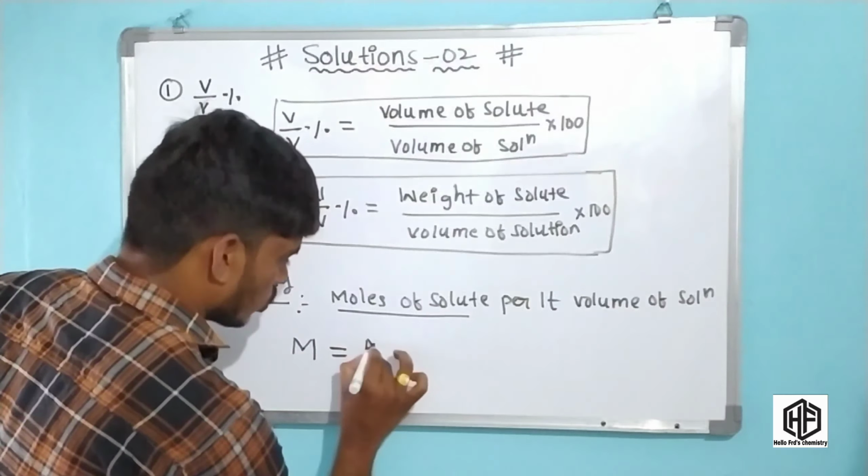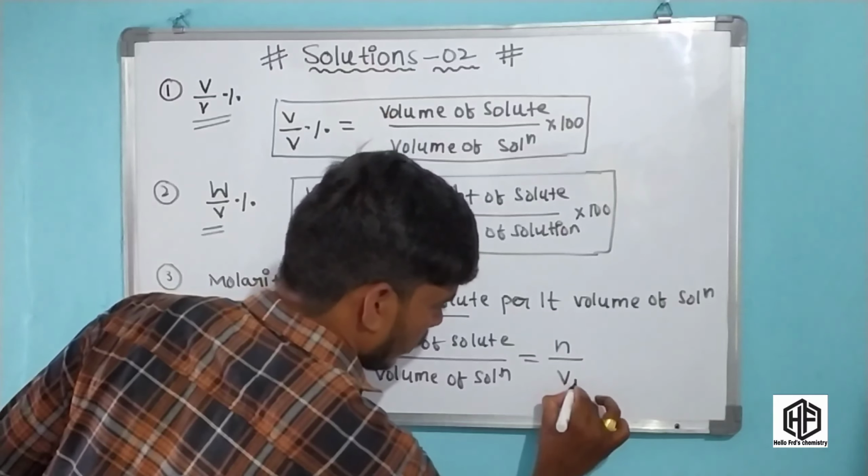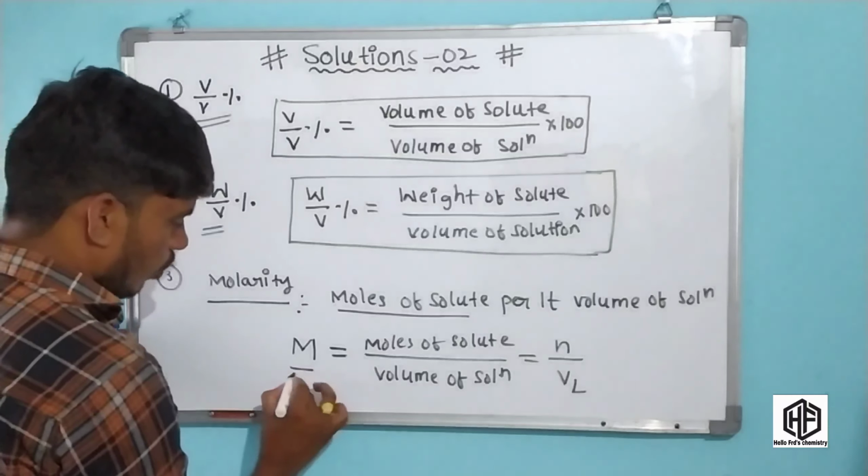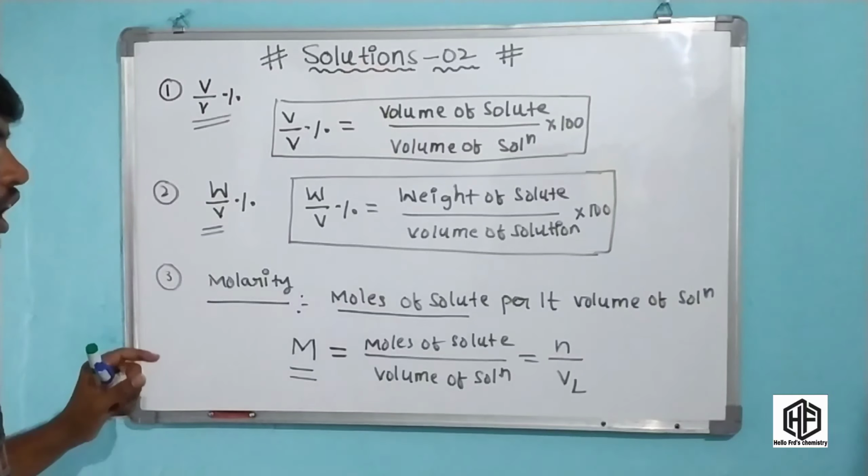Volume of solution is in liters, represented by V in liters. Okay friends, this is molarity. Molarity is the number of moles of solute present in 1 liter of solution, that is moles of solute by volume of solution.